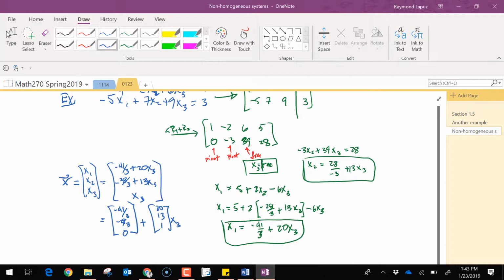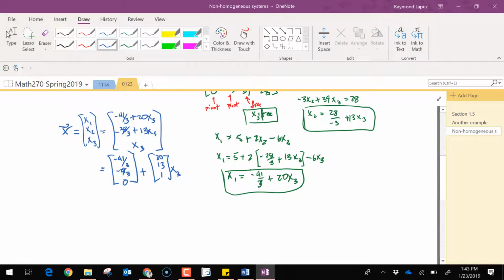So it looks like we have a particular solution here, and then we have another parameter family. Those two planes that we saw intersected in a line, right? Except the line doesn't go through the origin anymore because it got shifted.